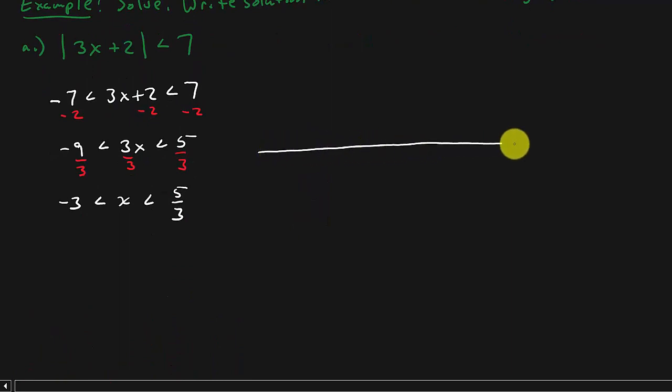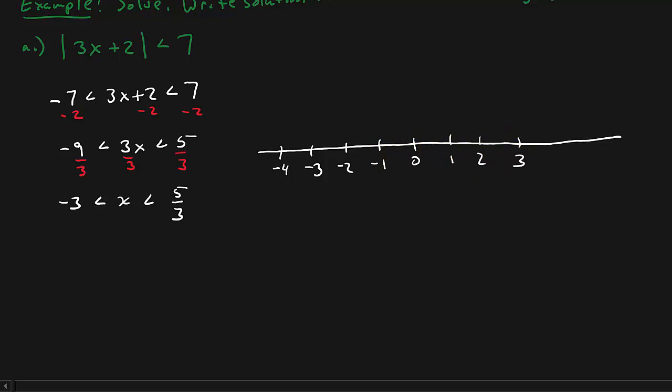Let's draw our number line and graph it. So we've got -4, -3, -2, -1, 0, 1, 2, 3. Our solution is everything from -3 to 5/3, but we don't see the 5/3 on the number line, do we? Well, 3 goes into 5 how many times? When you do 5 divided by 3, you get 1 point something.